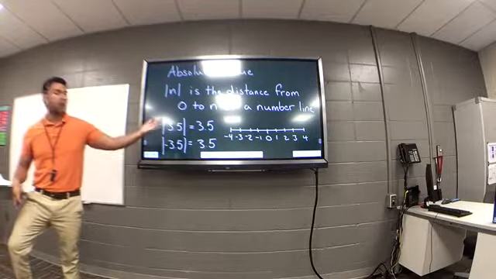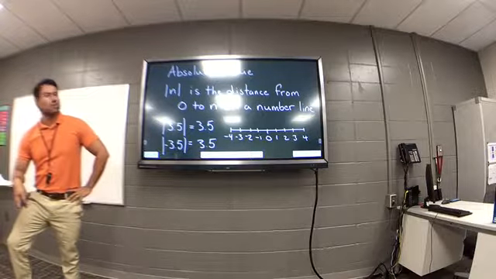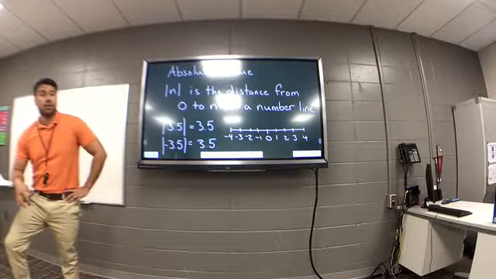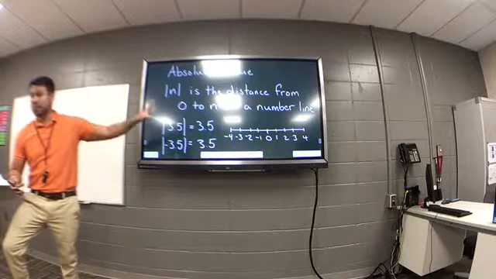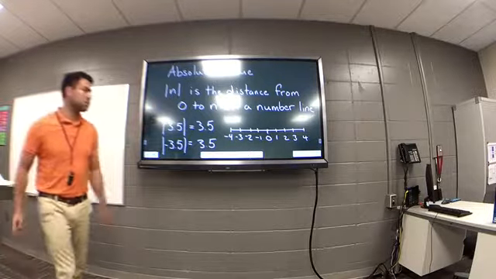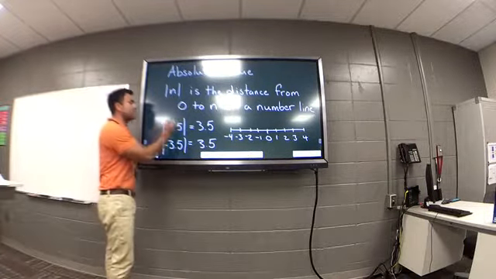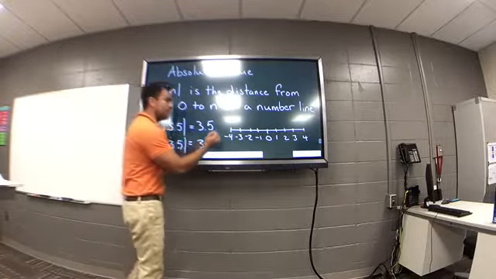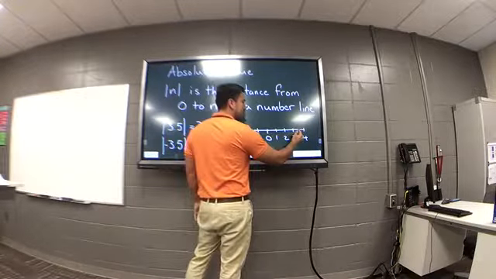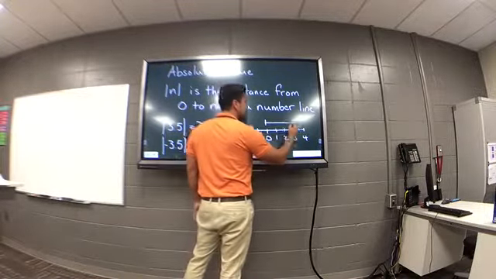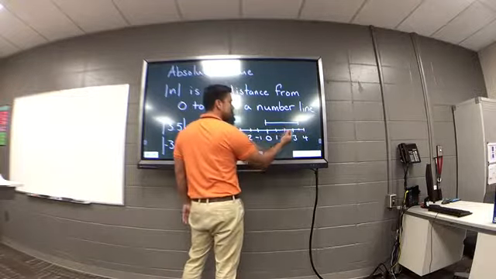In fact, after a while, you're like, man, there's a way easier way of doing it. You don't need the number lines anymore, but they're helpful for explaining some concepts. Okay, the absolute value of 3.5. All right, 3.5 would be about here. What's the distance between 0 and 3.5? What's this distance right here?